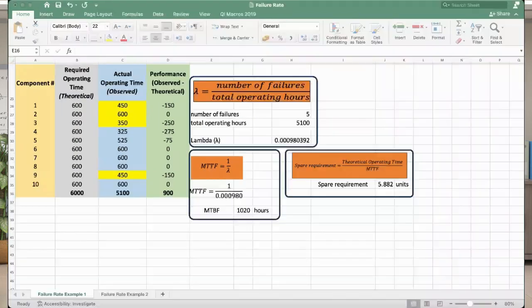I will explain why I did this modification. As you remember, my friends, we have 10 components and all have a 600 capacity, and the number of failures is again 5. I changed the required observed performance of the first 3 and changed the 9th one only. I take the 4th and 5th one as they are, my friends.